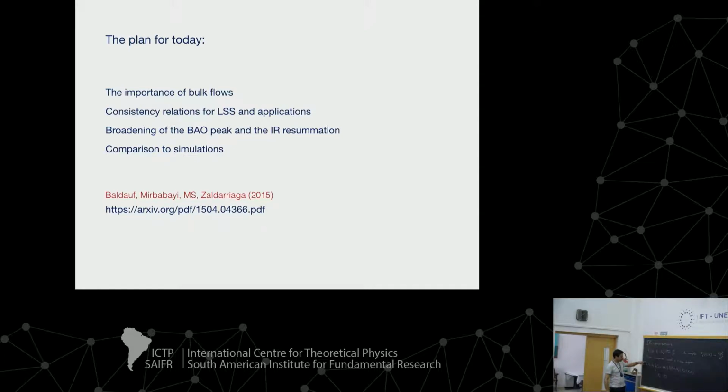And then when you do the expectation value, you're going to correlate these 2 linear fields with these 2 linear fields here. And this is going to give you 2 possible contributions coming from 2 different contractions.